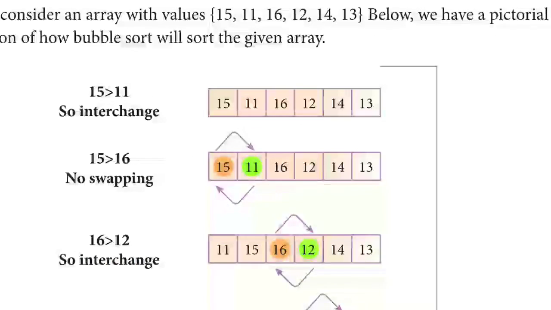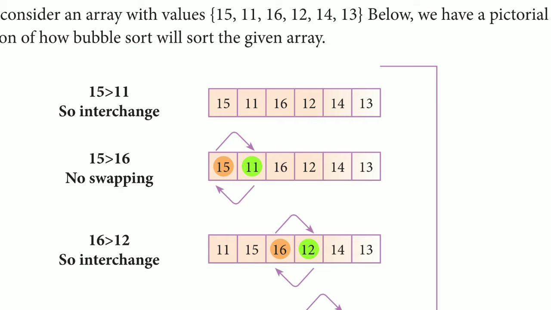In the next step, 11 has become index 0 and 15 has become index 1. In the starting position, 15 was at index 0 and 11 at index 1. Now 11 is placed at index 0 and 15 at index 1.